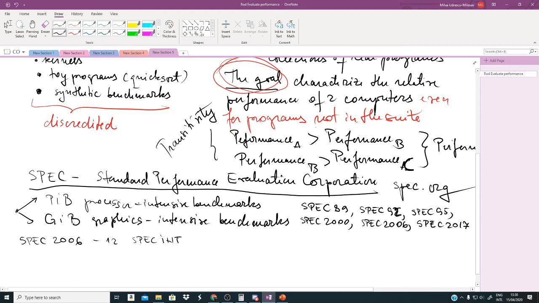These are programs in fixed point, and they have 17 SPEC floating point programs, right? So 12 fixed point programs and 17 floating point programs.